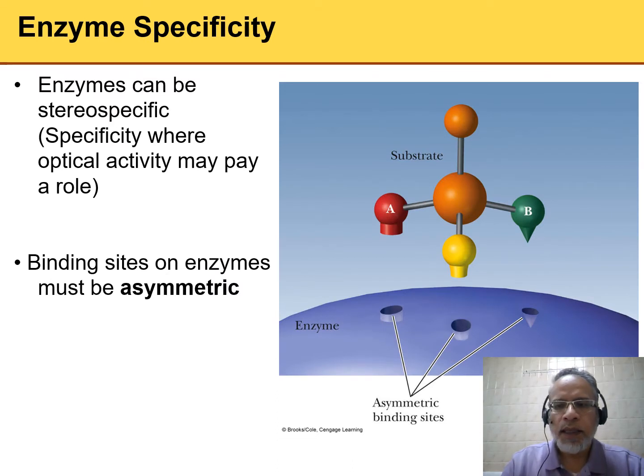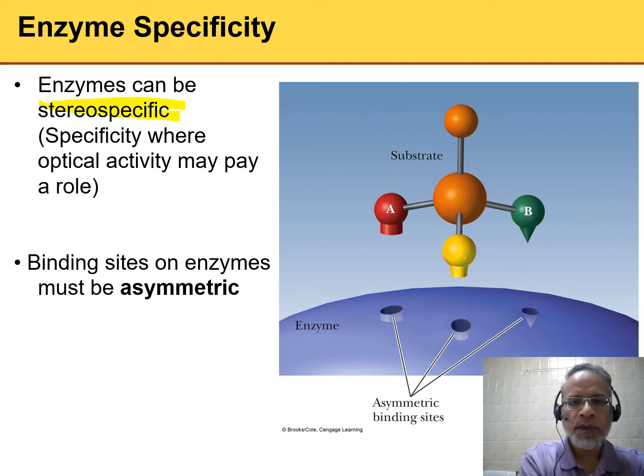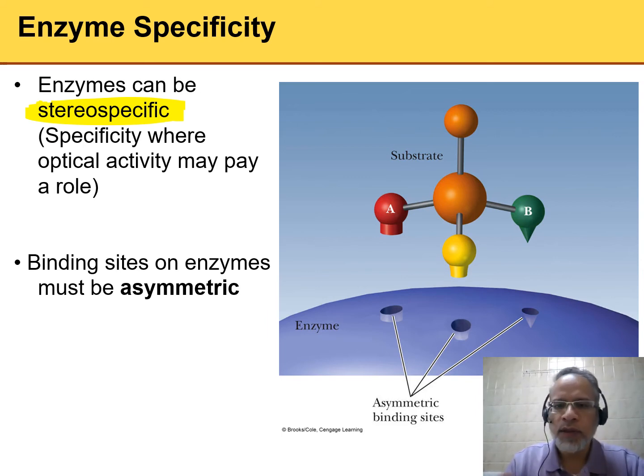Okay. Moving on very quickly, we know that enzymes show what's called stereospecificity, and we've talked about this a lot, that enzymes can only work on the L substrate or the D substrate.